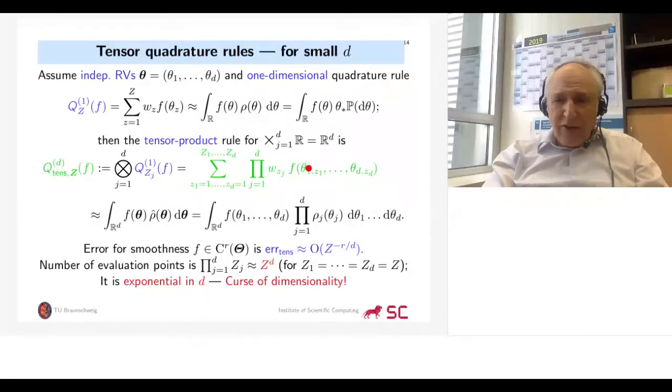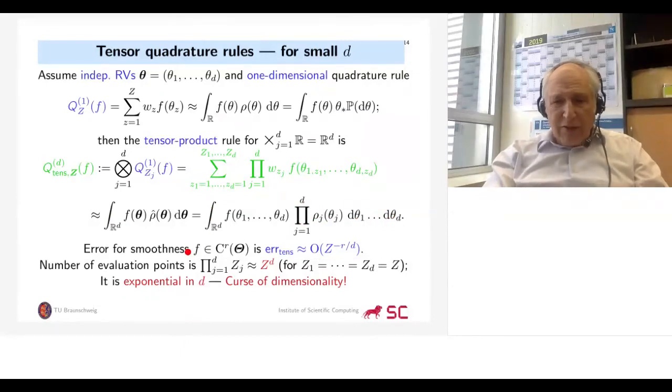You evaluate the integrand at these points and then take the product of the weights of the one-dimensional rules. In dimension 1 it has Z_1 points, in dimension 2 it has Z_2, and in dimension D it has Z_D points. So that means that our integral is now computed as something like this here. This product here comes from this product here of these functions, which we can do because these are independent random variables. They're Cartesian coordinates.